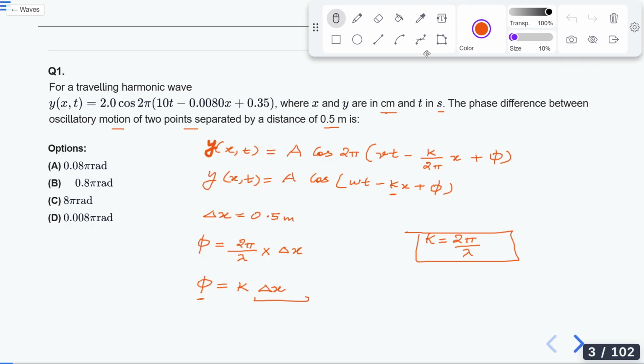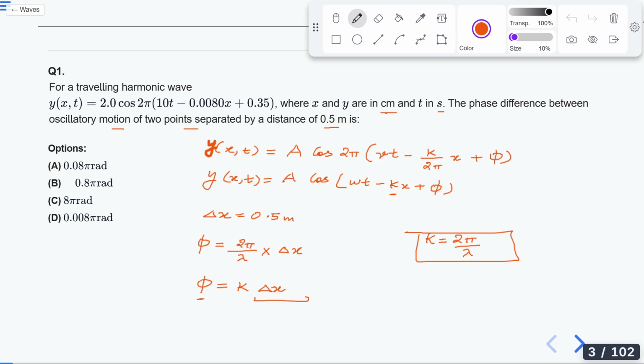So from the equation of the wave, we can calculate the k by comparing the standard equation with the given equation, and delta x is also there. But you should remember one thing, that x and y are given in centimeters.